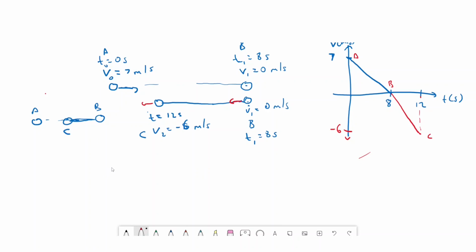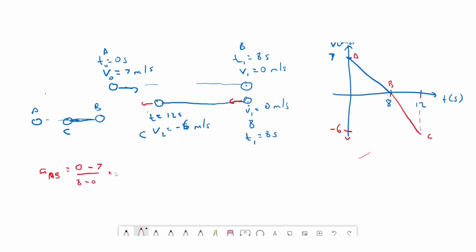Now if I want to find the acceleration, I must find the slope between A and B. So the acceleration between A and B is going to be given by the velocity at B, which is 0, minus the velocity at A, which is 7, over the time at B, which is 8.